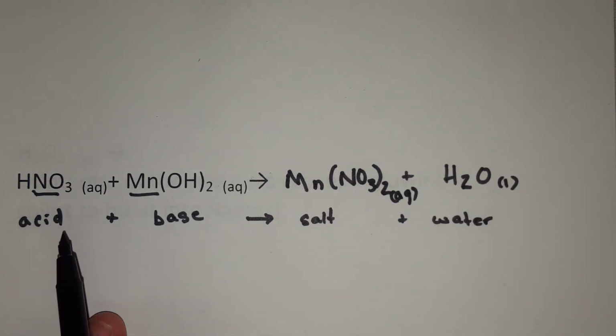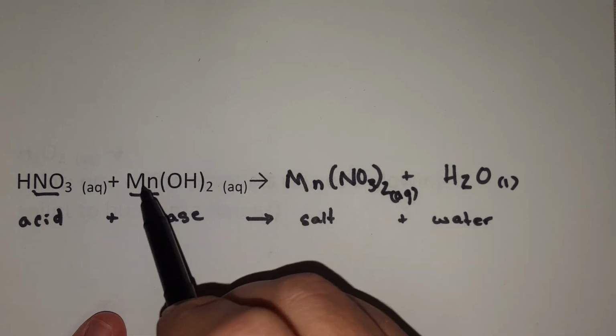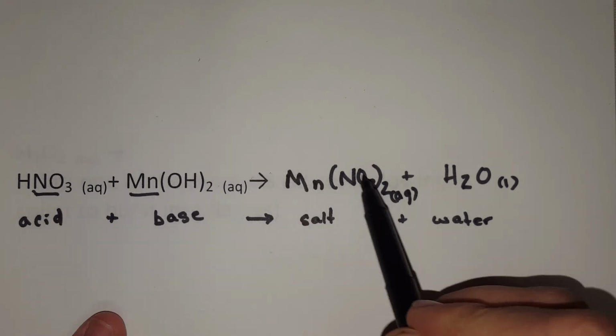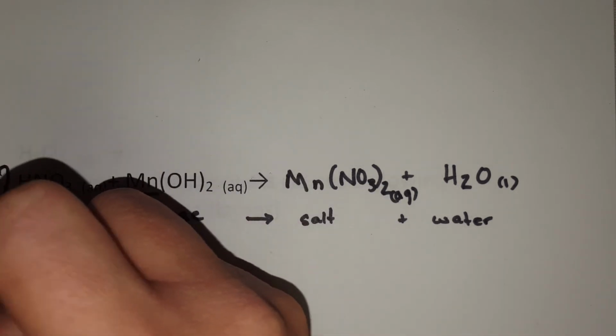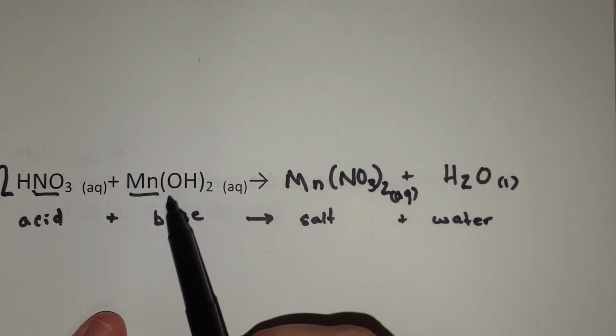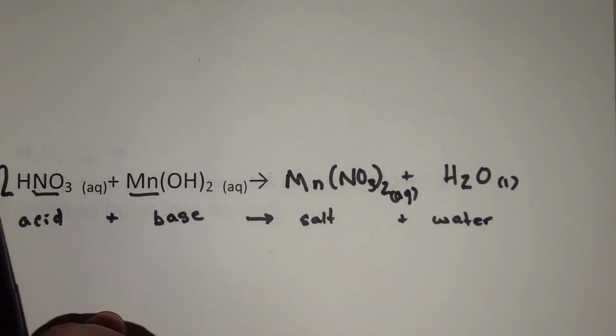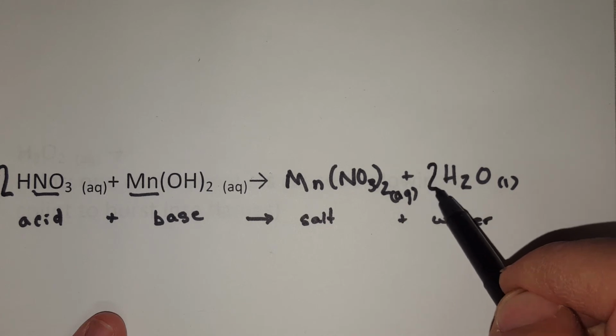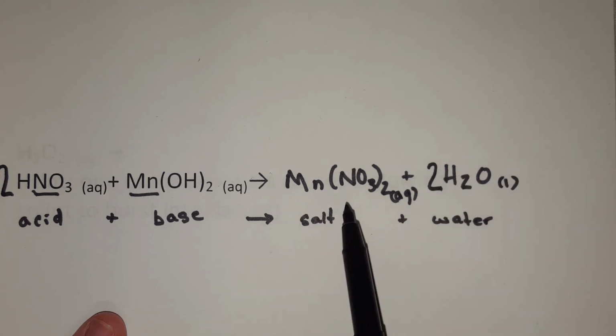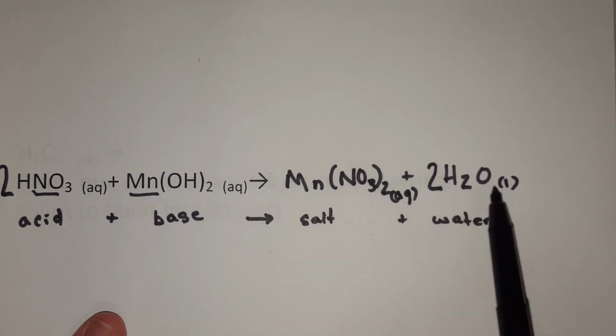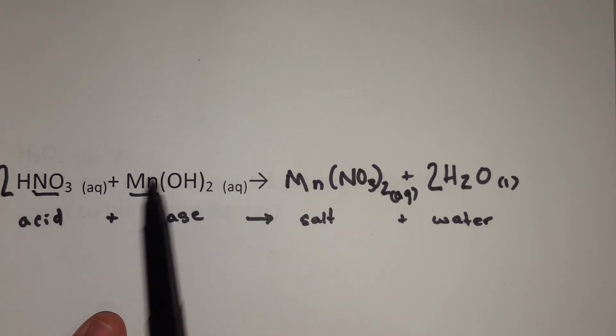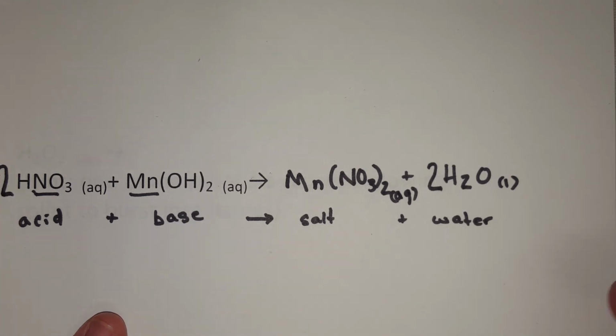And now we have to go through and balance. I have 1 Mn, 1 Mn, 2 nitrates, 1 nitrate, so I'll put a 2 there. Then I have 4 hydrogens, 2 hydrogens, so I'll put a 2 there. And outside of the nitrate, I have 2 oxygens and 2 oxygens. So this would be balanced.